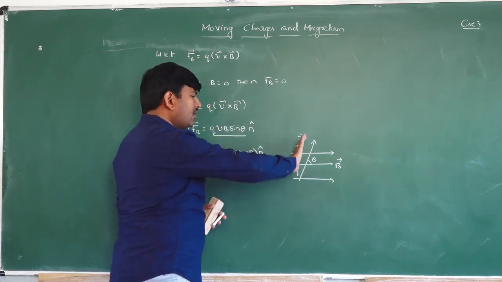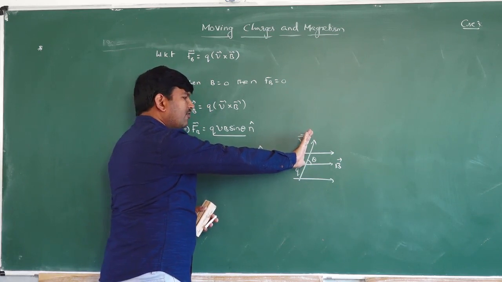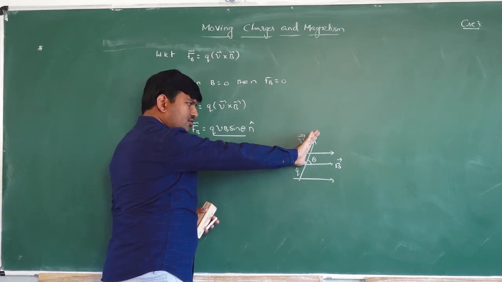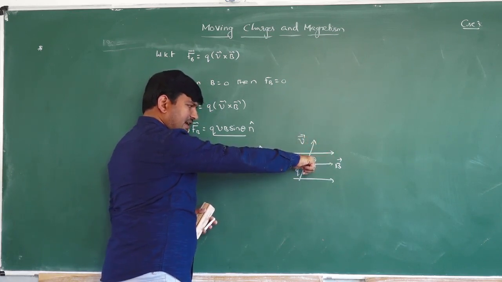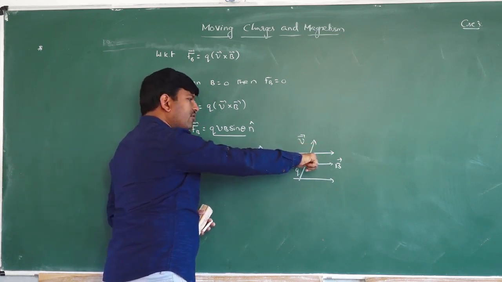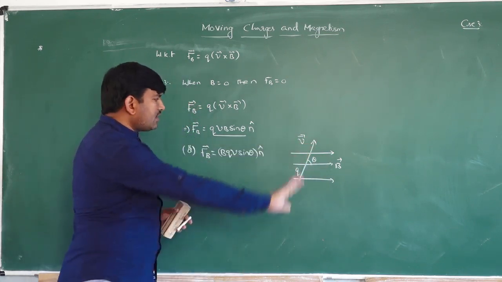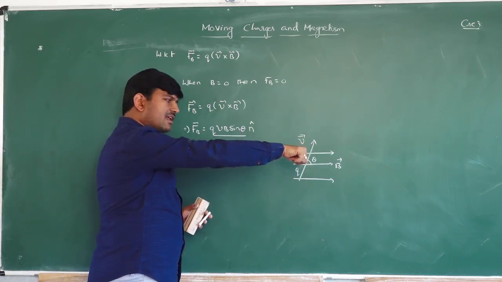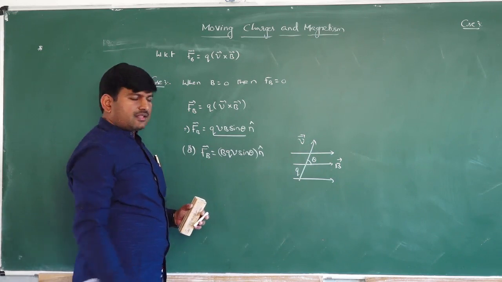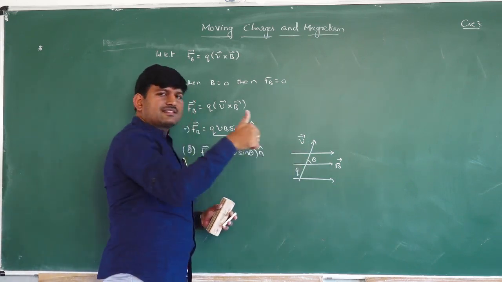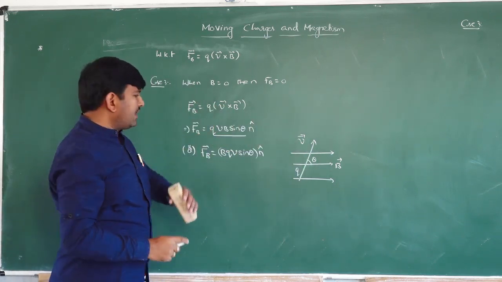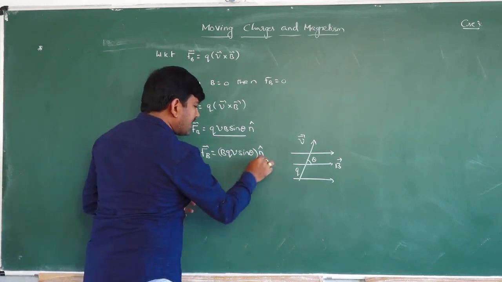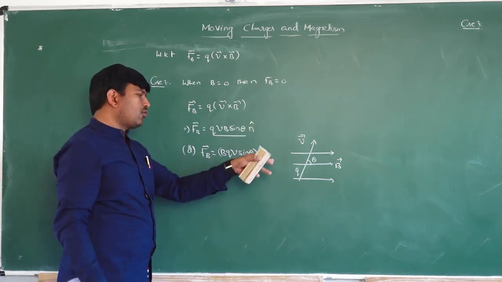Let me turn my right hand fingers from the first vector, velocity vector, towards the second vector, that is the magnetic field vector. Then the thumb will give the direction of V bar cross B bar. So here if I move my fingers from V to B, the thumb is directed into the board. This thumb will give the direction of the magnetic force. Therefore, the direction of n cap is directed into the board in this case.